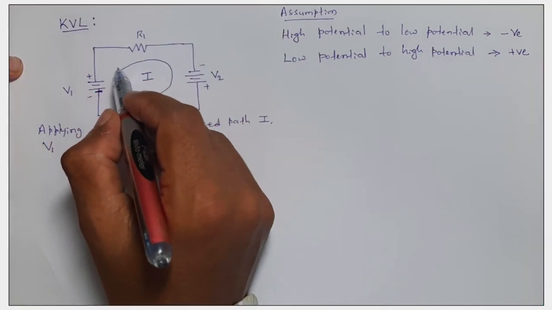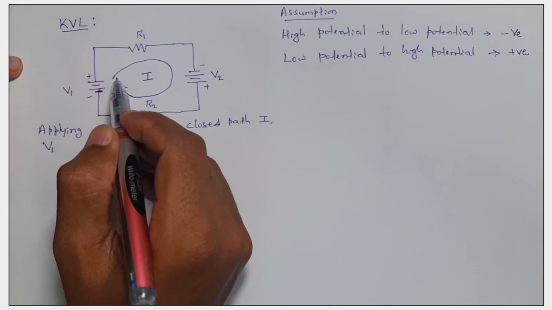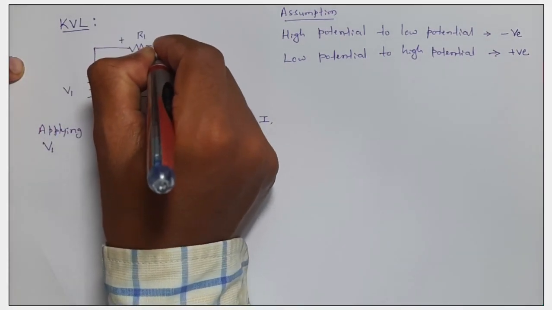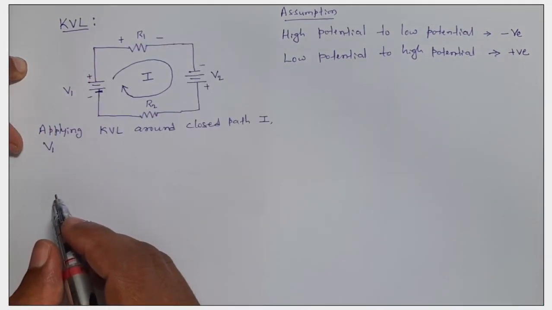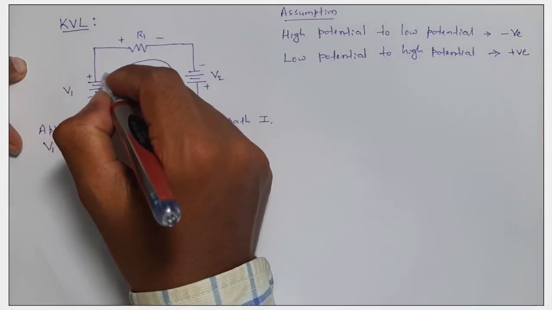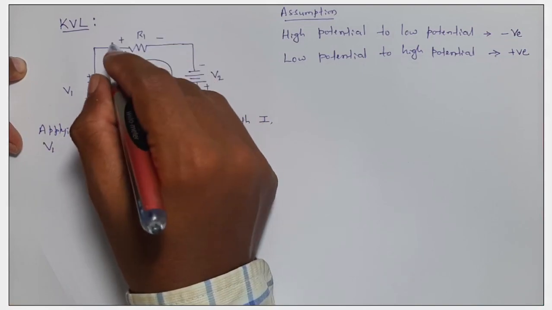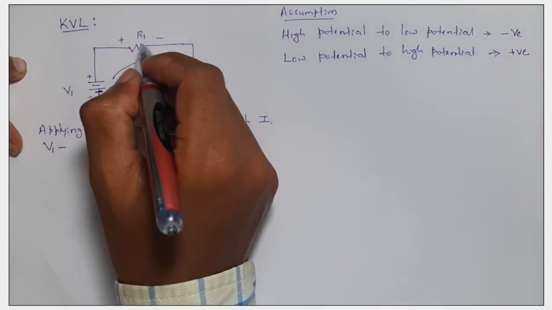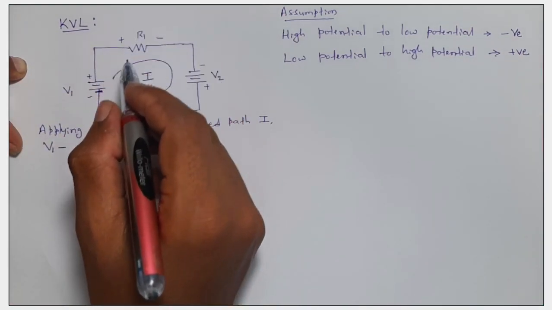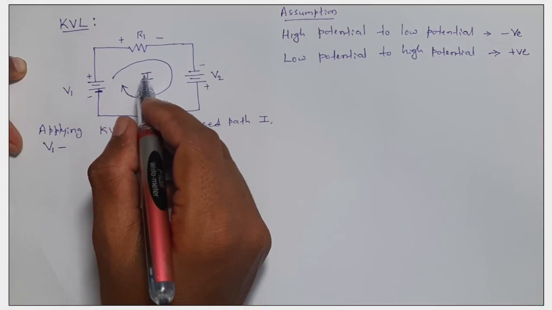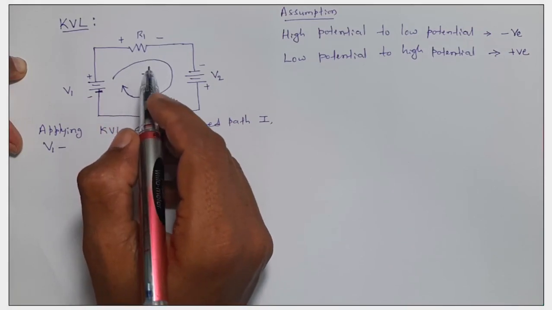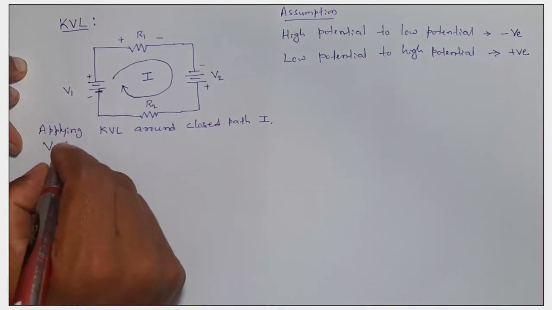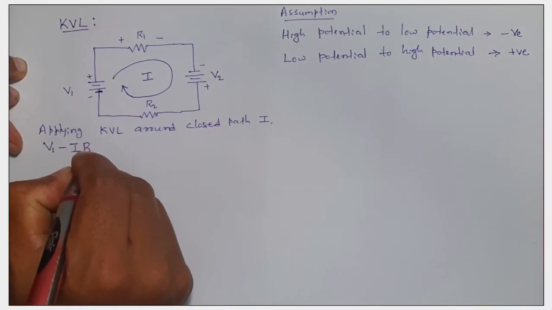As I have assumed current in this direction, obviously this must be at higher potential and this must be at lower potential. Because I am traversing the loop from high potential to low potential, I will consider this as negative, and I require the voltage here, the resistance is R, and the current through it is I. So using Ohm's law, the voltage is equal to I into R1. This is I into R1.